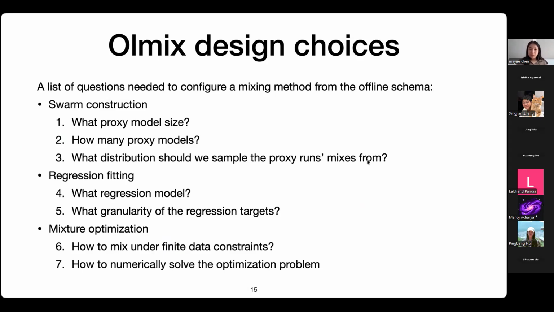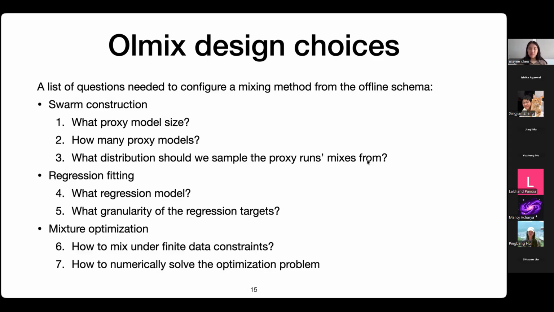Then for the regression fitting step, one obvious question is what regression model should you use? Should you do something linear, nonlinear, non-parametric? And also what should your regression targets be? Should you fit one model for each task? Should you fit one model for each task family?